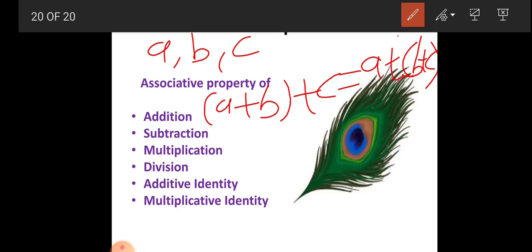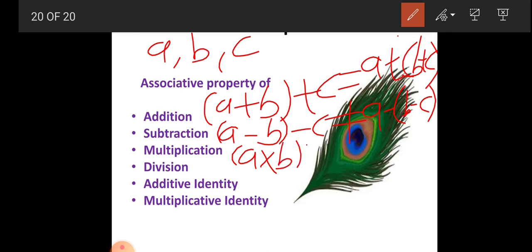Associative property of subtraction: when 3 whole numbers are subtracted, the answer is different. So A minus B minus C. Associative property of multiplication: A multiplied by B multiplied by C equals A multiplied by B multiplied by C in bracket.